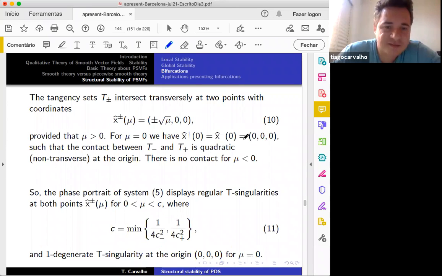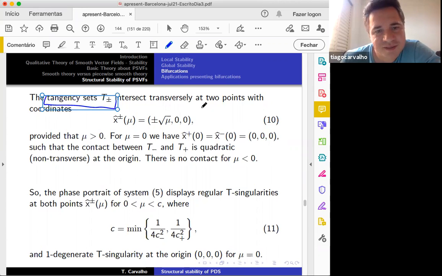As we can see, these tangent sets, not lines, intersect transversely at two points.